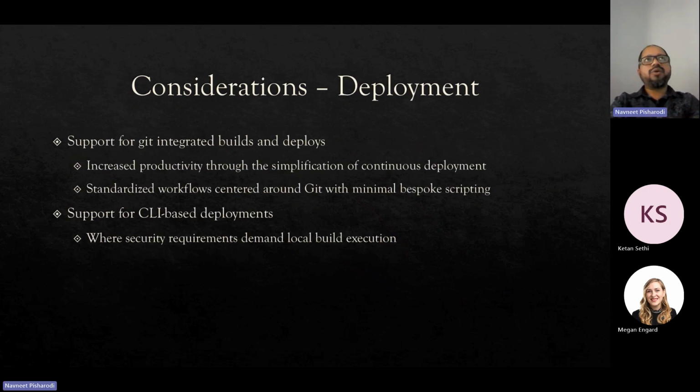Another one that we wanted to look at was deployment. Yes, we had a CI/CD process that was working. We were able to get value to customers through our release cycles, but we also wanted to utilize the latest and greatest in terms of Git integrated builds and deploys, in terms of integrating advanced automation testing tools like, for example, Playwright.